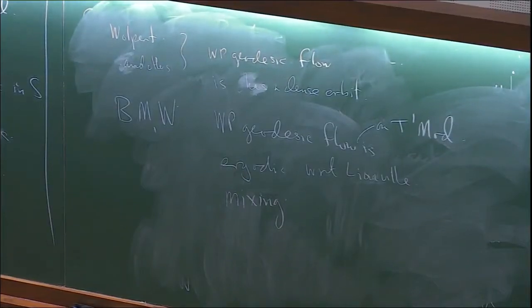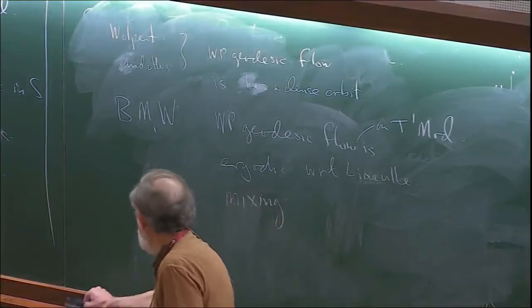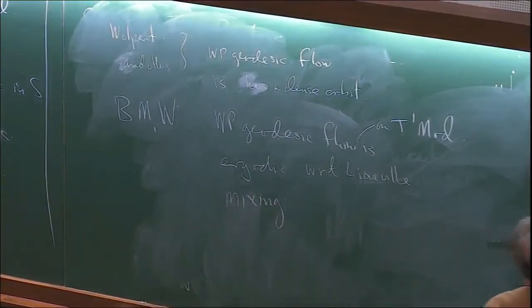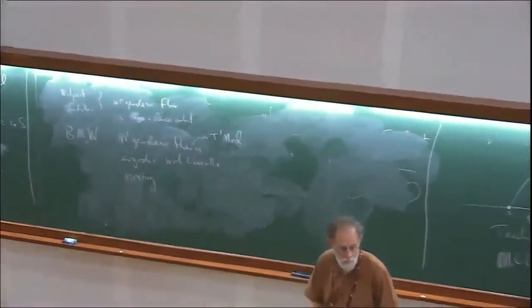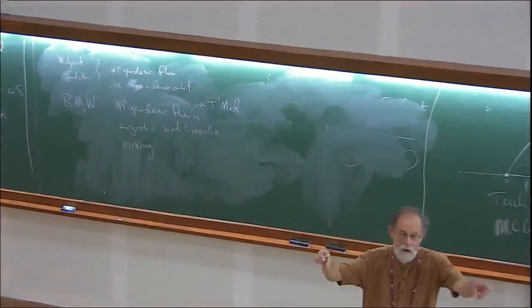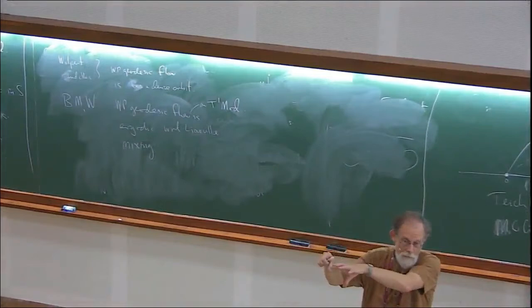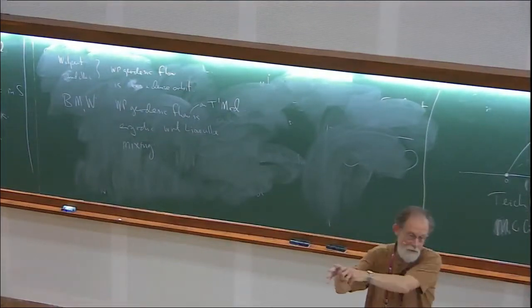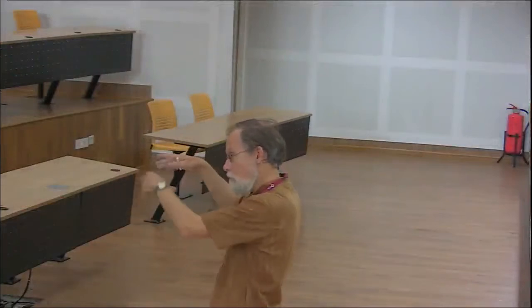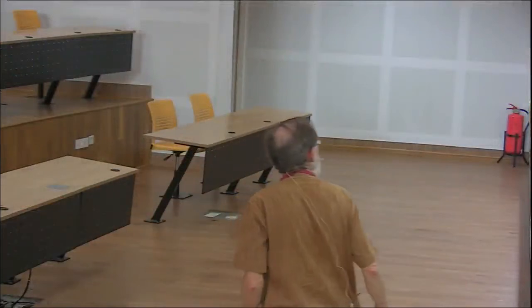So what mixing means is that if I have two subsets of positive measure, after a while, stuff from one of the sets should have moved into the other set. And the amount of this set that's in the other set should tend to the right thing.